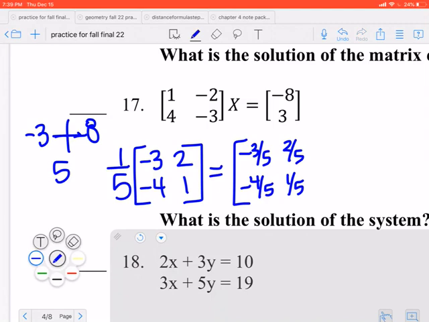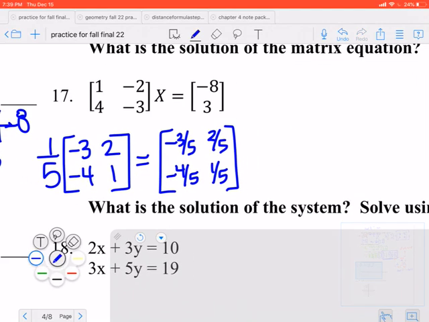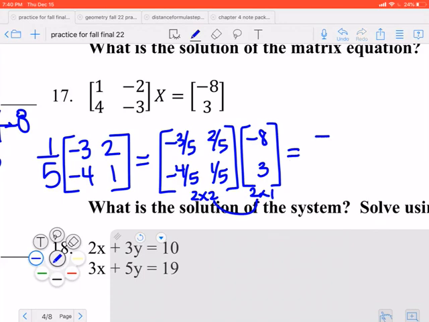This would be so much easier just to use a calculator. So now that's the inverse, and we have to multiply it by the other side, which is a 2 by 1. I've got them in the right order now. Inner dimensions match. Our outer dimensions is going to be a 2 by 1.